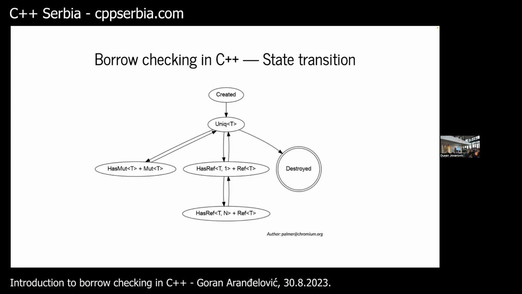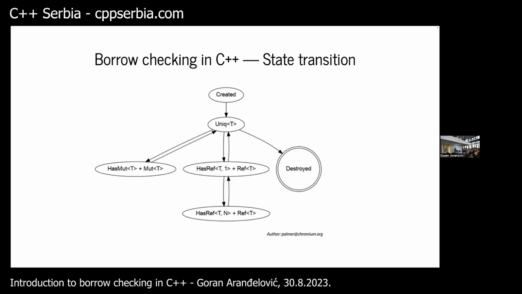Of course, you can transition to as many immutable references as you want. But what is important here is that you always have to come back to the previous state, to unique ownership. So if you have immutable references, you have to come back strictly to unique ownership, and only then transition to the other state.